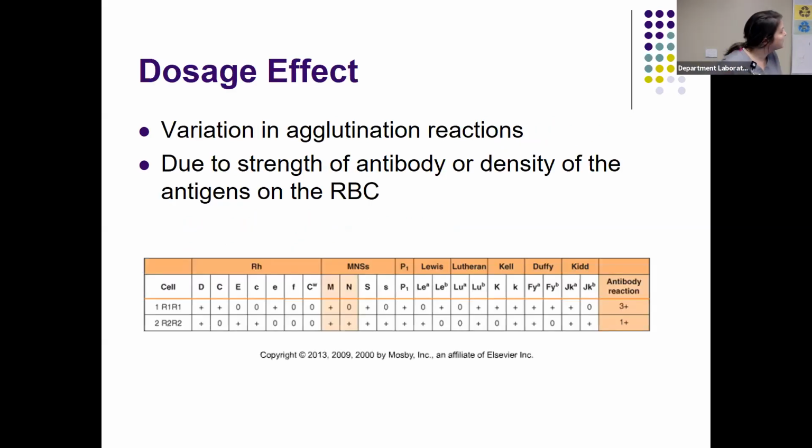Here's an example of what I was mentioning about dosage, determining if an antigen is heterozygous or homozygous. And this is what we call an antigram. When you start doing screening cells, you will look at these. This is cell number 1 going across the panel, and cell number 2. These are all of your antigens, all right? So here's your Rh family, D, big C, little c, big E, little e.